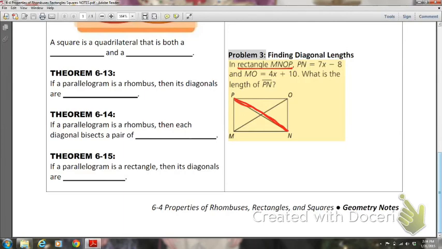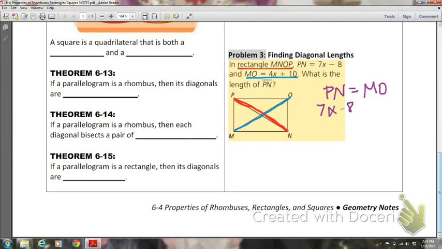And MO, which is the other diagonal, is equal to 4x plus 10. So what is the length of PN? So if we look at the properties of a rectangle, one of the properties says that the diagonals of a rectangle are congruent. So we know that the length of PN has got to be equal to the length of MO. Substitute the values in.